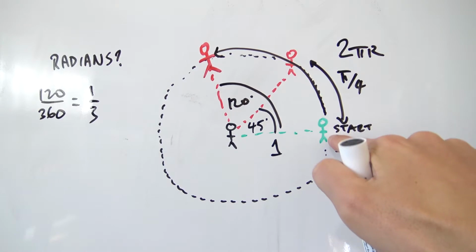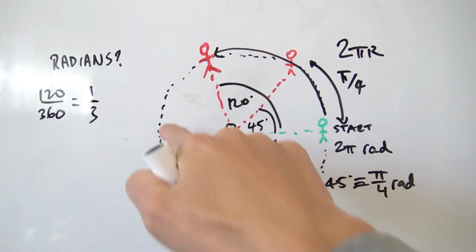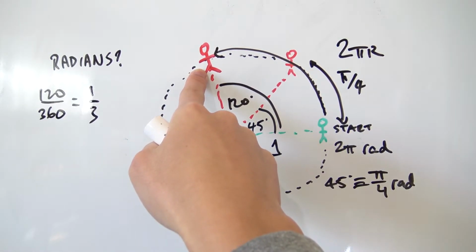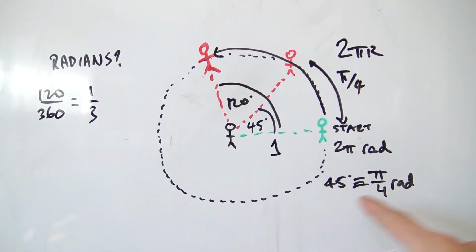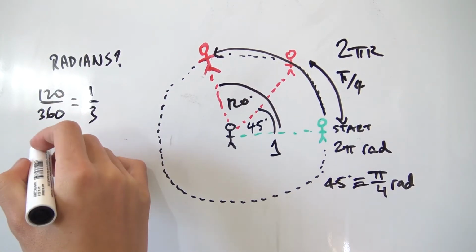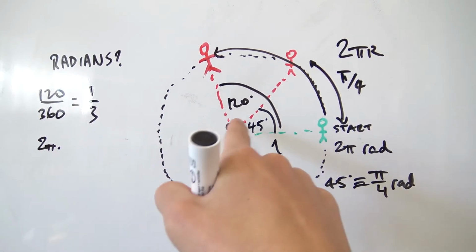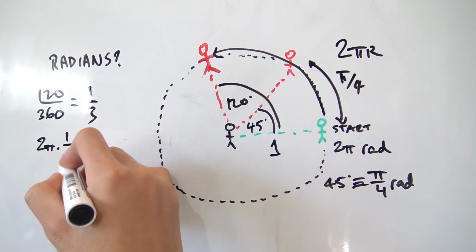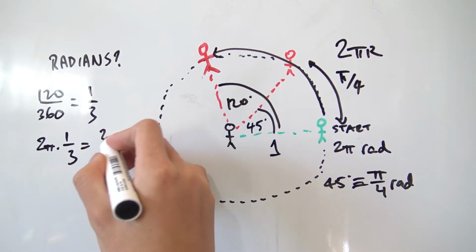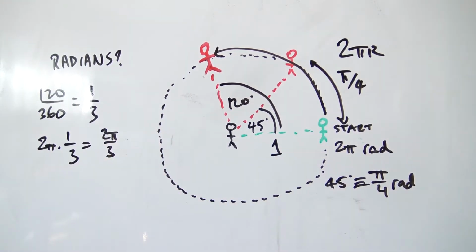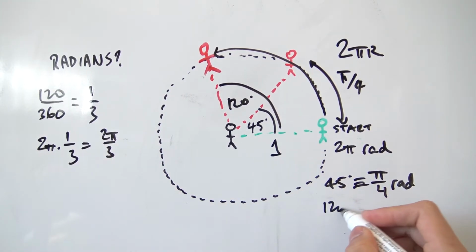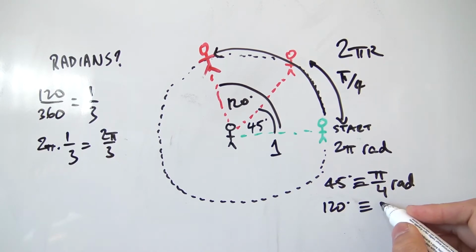So this person had to walk 1/3 of the full revolution to get to this position. We know a full revolution is 2 pi, so we multiply 2 pi by that 1/3, and we get 2 pi over 3. So 2 pi over 3 radians is the equivalent of 120 degrees.